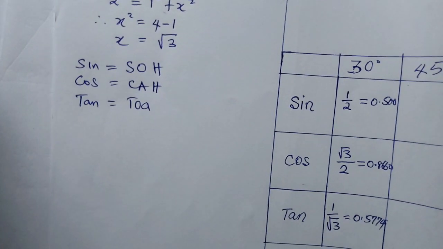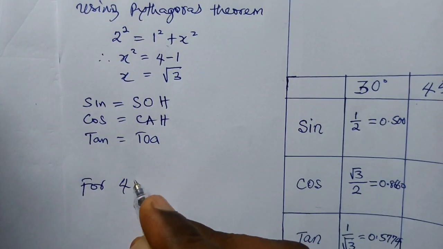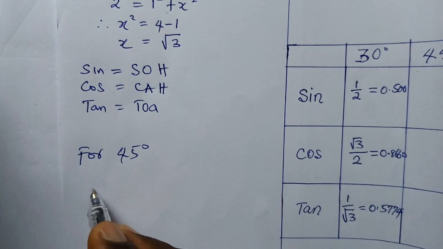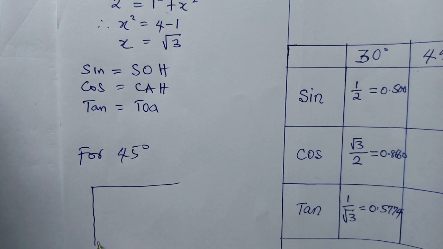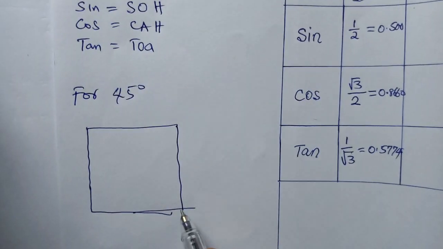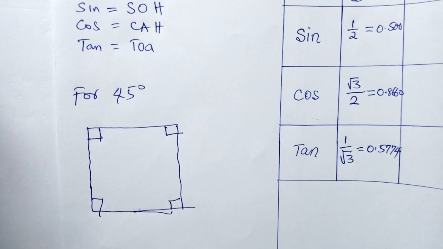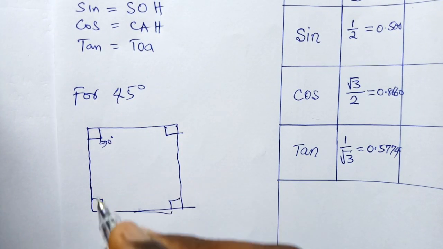So if we want to do for 45 degrees, which is the next one, we normally use a square. You know that a square has all the sides equal and all the angles equal, so 90 degrees.